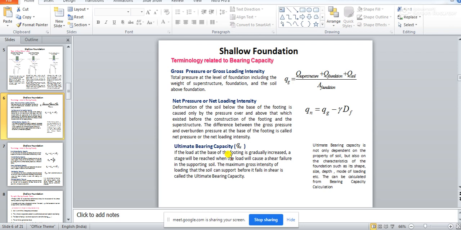Depending on all these factors, the value of ultimate bearing capacity is going to change.